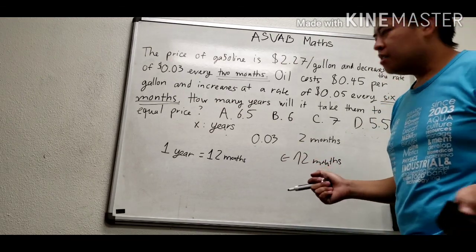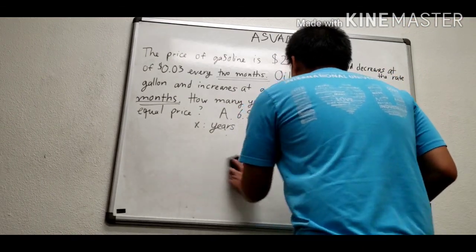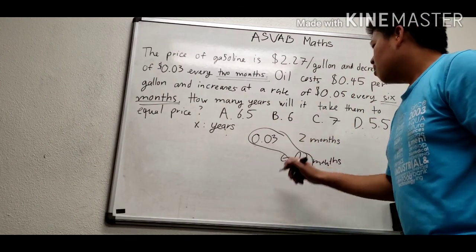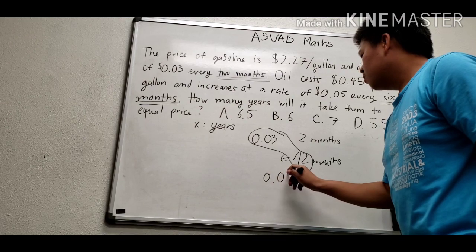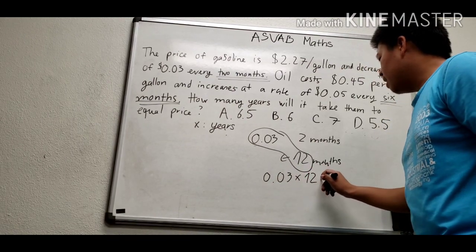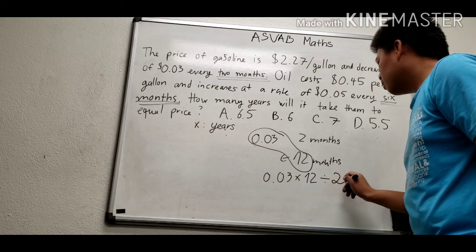When we calculate, we take 0.03 multiplied by 12, then divide by 2.